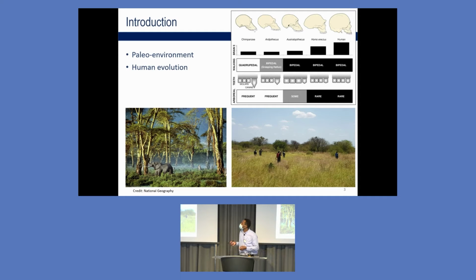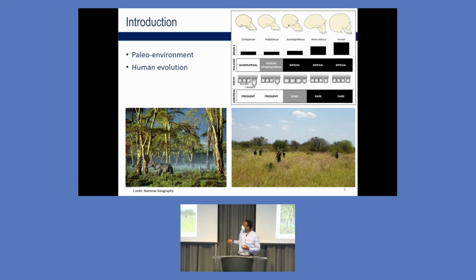While it was a closed canopy woodland environment, the early primates, the early hominid fossils, were more like ape-like animals, and they moved in a quadrupedal manner, jumping from tree to tree, using their hands and legs, four legs.